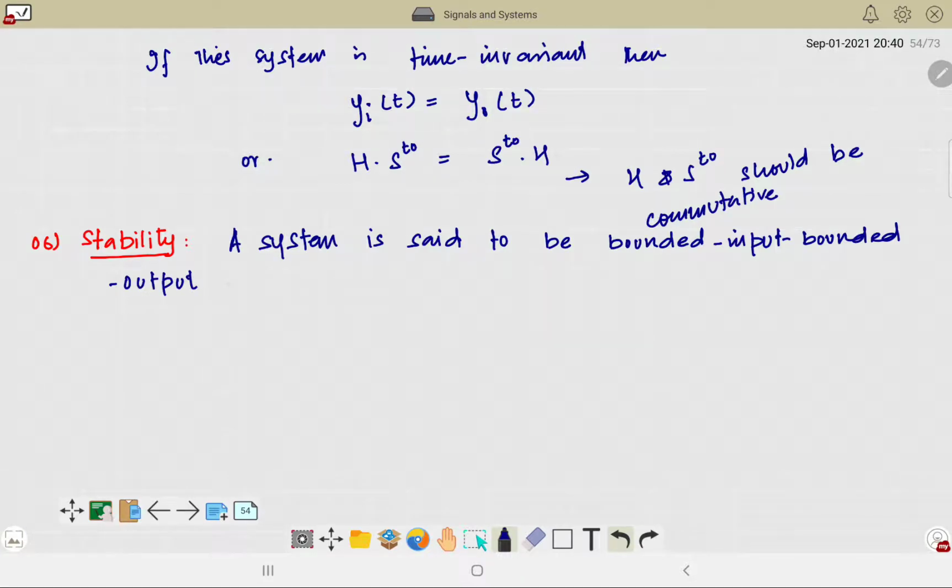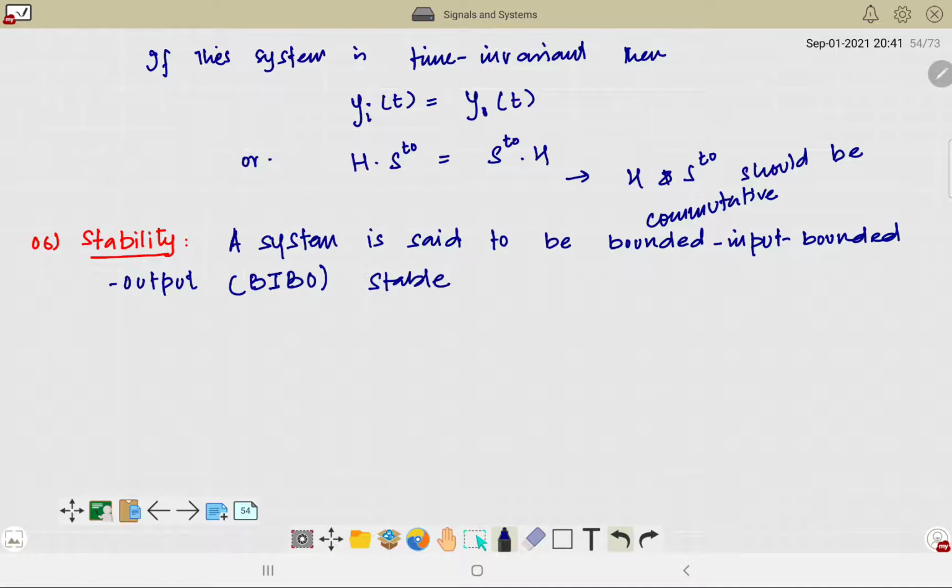We sometimes use the acronym BIBO, bounded input, bounded output, stable. It means I'm giving a bounded input. Bounded input means I'm giving a finite input, which is not infinite. It has some finite value, right? Like your sinusoidal wave, it is a finite signal. It does not shoot to infinity. It fluctuates between +1 and -1. So it is a bounded input.